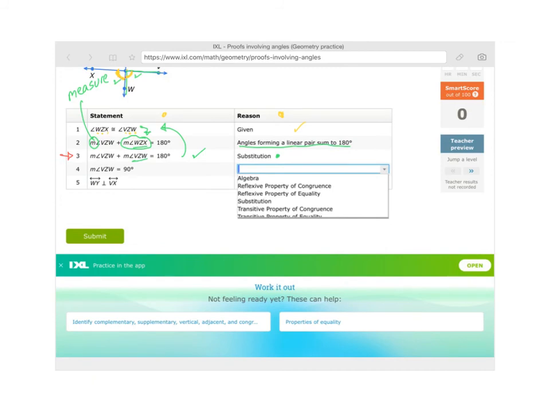We've got a list that we can choose from, right? This is our list. So what do we think we used? We used algebra, right? We solved the equation, and that's how we found it. If I hit submit, I get the points.